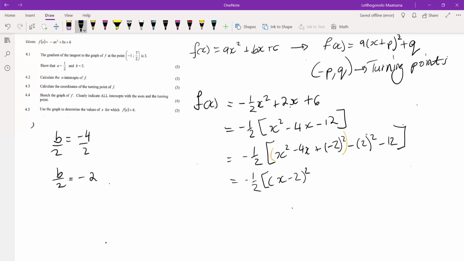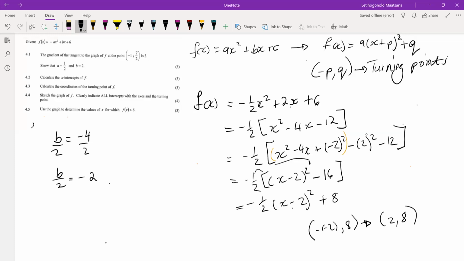And we can add those two together. Once we're done, we can multiply out with that negative a half. So we can see here that the negative of our p value and our q value will give us the turning point.